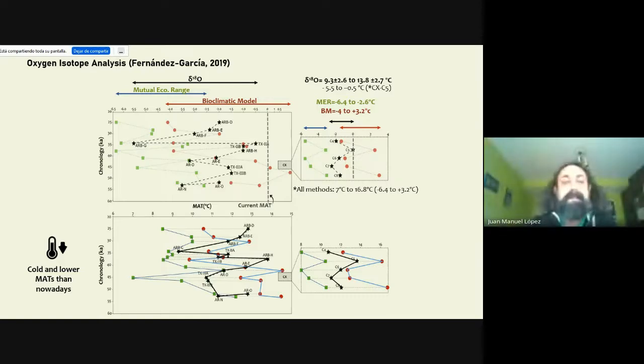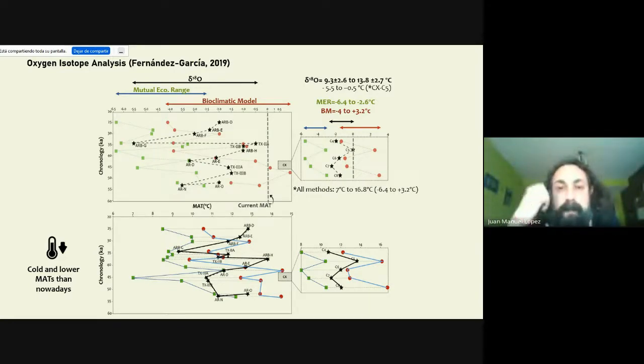Sorry. This is the reconstruction of the Arbreda cave and Teixoneres together, two different sites, and also this is the reconstruction with the oxygen isotope from rodents. And this is another site. As you see, in general the tendency is more or less the same, but the points of temperatures and precipitations are different, because it is normally in relation to the methods that you use for that.